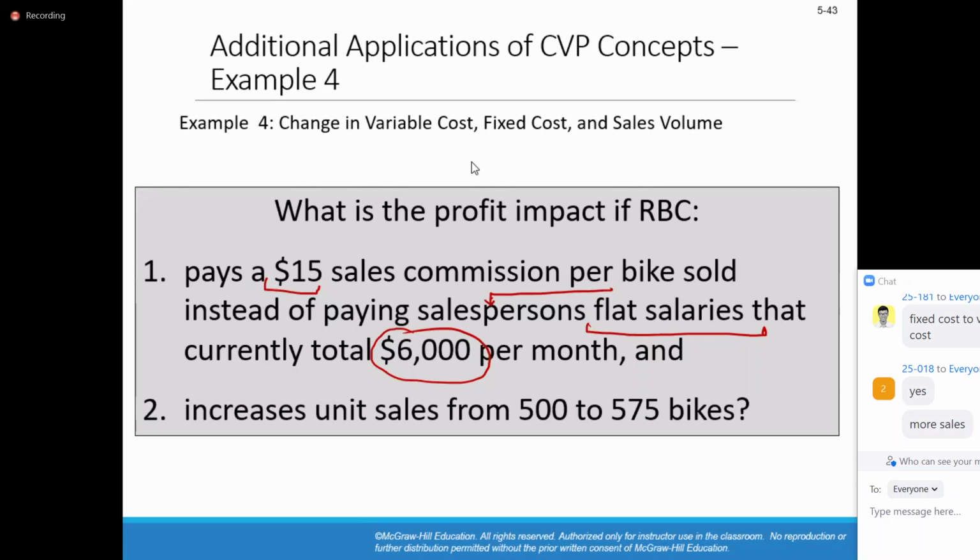More sales. Yeah. So they will be inclined to generate more sales because now their sales commission has become variable. It is no longer fixed. So as a salesperson, you do not like the variable sales commission, you like the fixed sales commission, right?